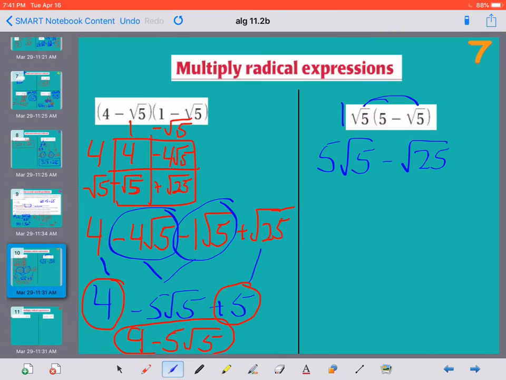So I know that the square root of 25 is 5. And I can't do anything with 5 times the square root of 5, so I'm going to leave it like that. And our answer stays just like that.